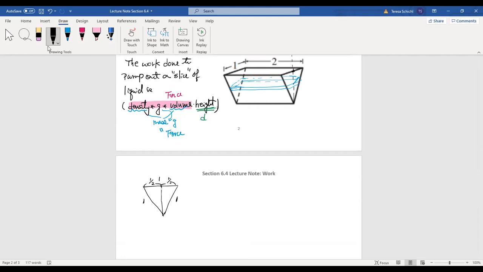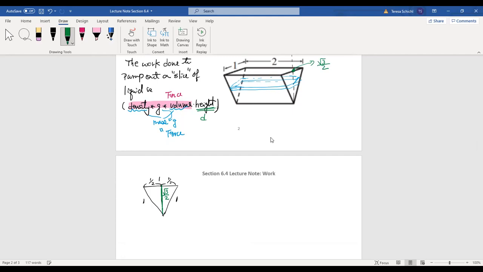If it's an equilateral triangle, what is the height here? This is a special triangle. The height will be the square root of 3 over 2. That's the total height of this trough here.